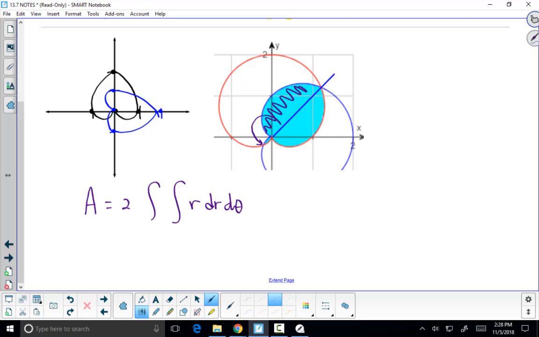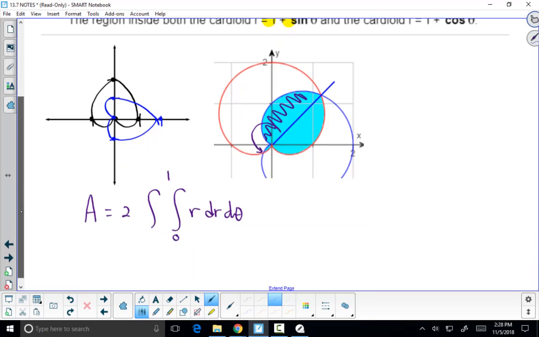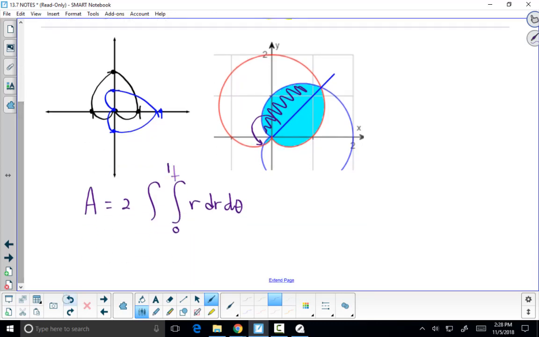Our inner curve is r equals 0. Our outer curve is the blue cardioid, the cosine one, so 1 plus cosine theta. And then theta starts from pi over 4 to 5 pi over 4, and that works without splitting it apart.